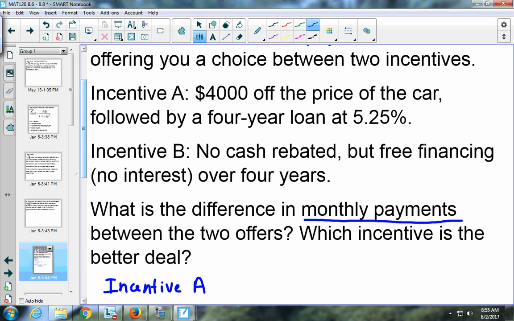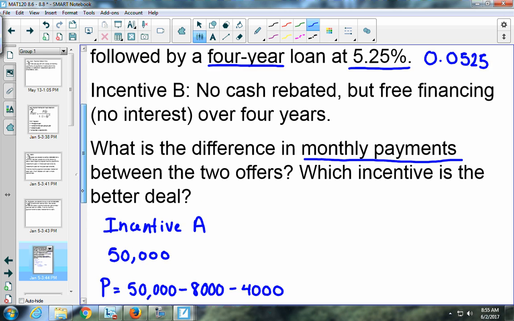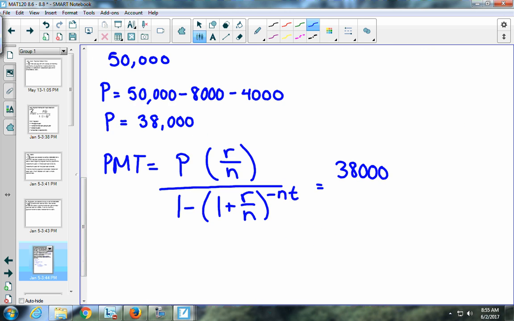the rate is this 5.25%. Remember, I need to write that in decimal form. They also tell me up here that it's a 4-year loan. So my rate was 0.0525.